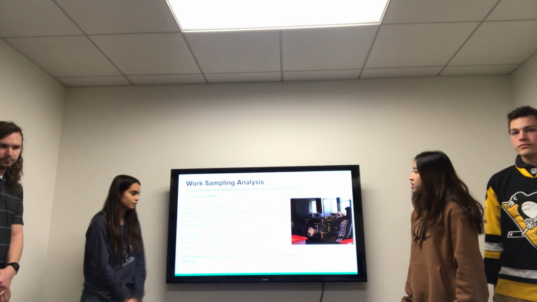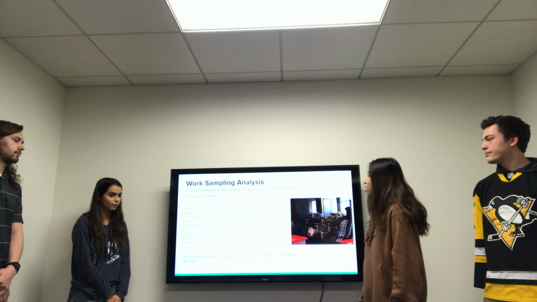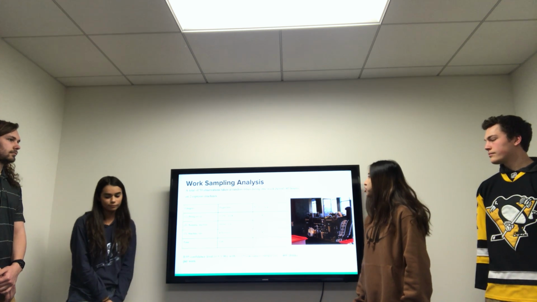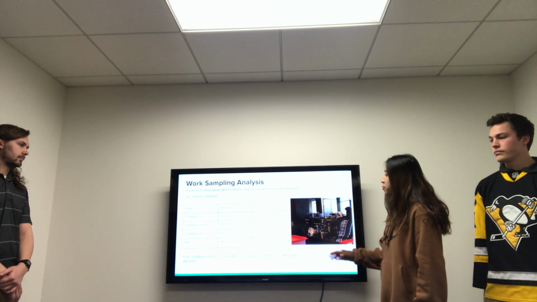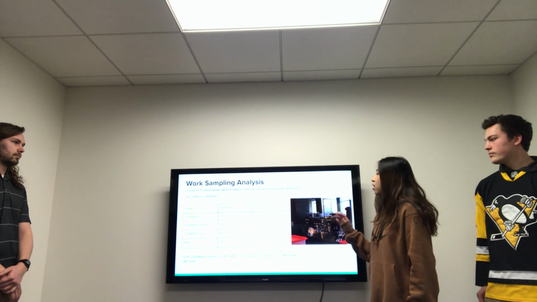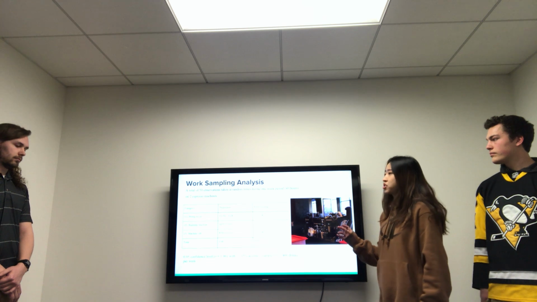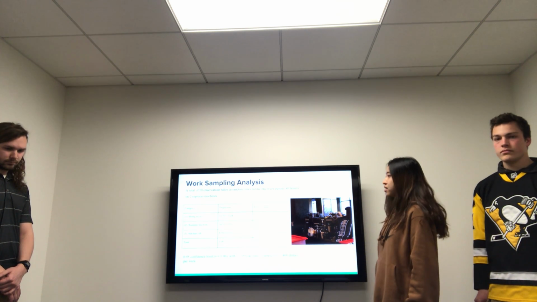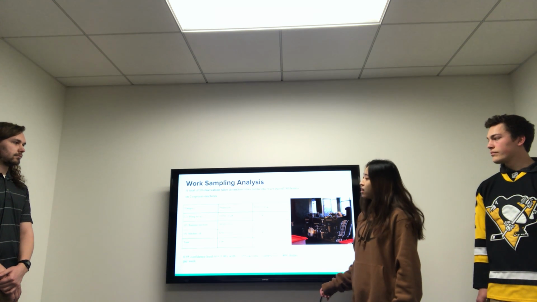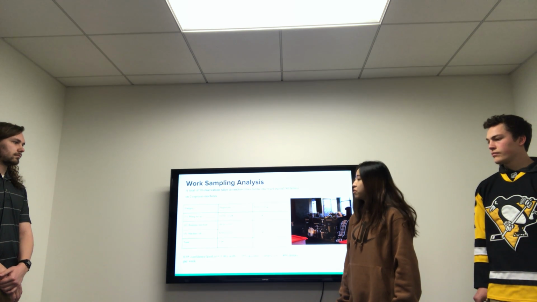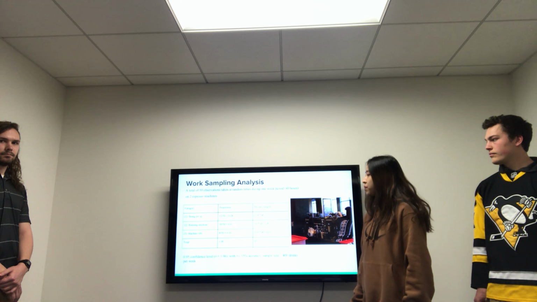We also did the work sampling analysis for a 1 week period on 2 machines, and it involves multiple tasks. It also involves multiple subjects, not just one repetitive task. For the categories, we did being set up, and we did running machines. Finally, we did the machine idle time.